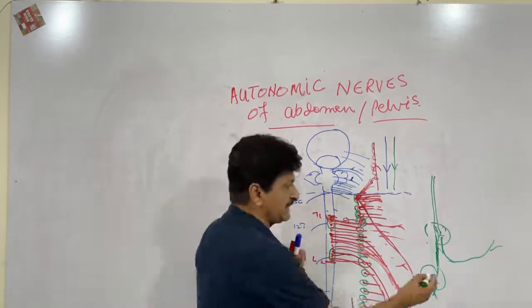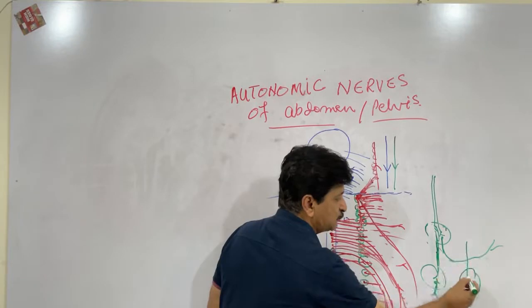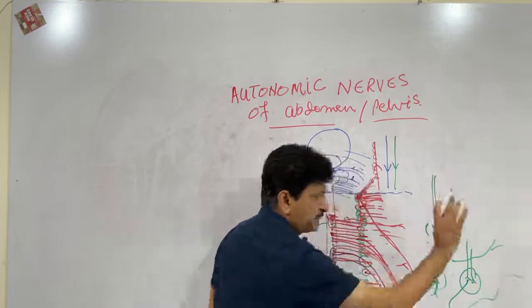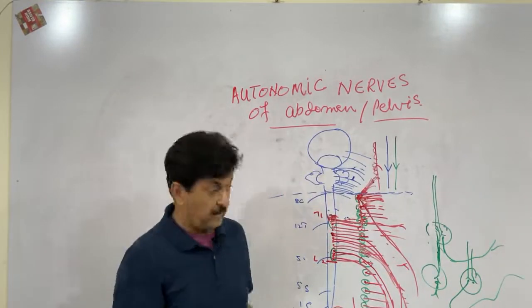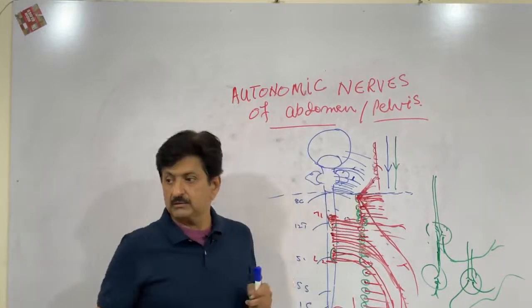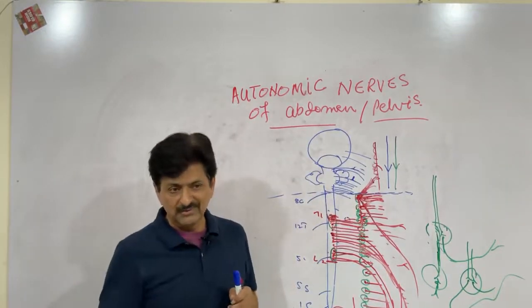Understand? Same is the case in your greater also. Greater, half of the fibers went to the foregut. Remaining half should go to the suprarenal gland.